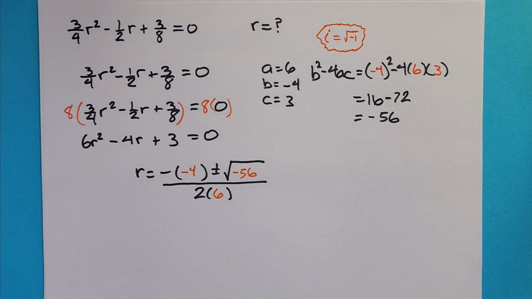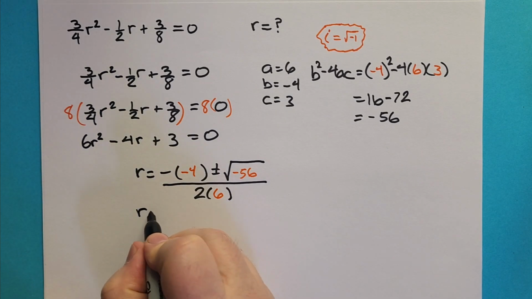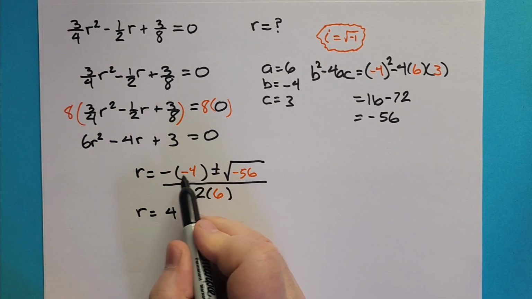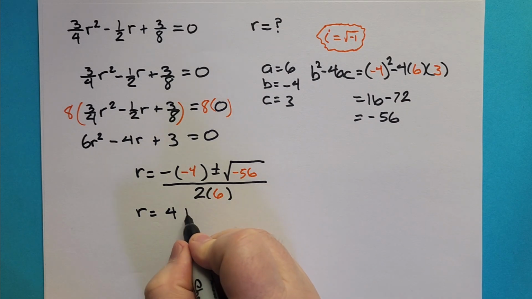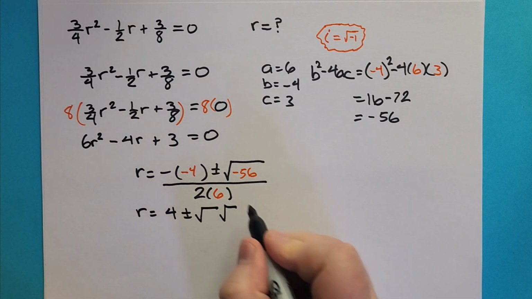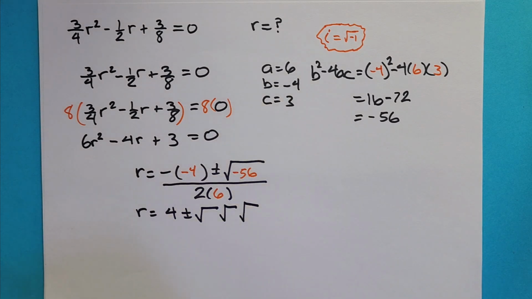All right, we'll simplify this a bit. We're going to have r equals a +4, because of the double negative there. A negative of a -4 is like a negative times a negative. Plus or minus, and then we're going to need to bring out some radical symbols here. So I'm going to factor out the -1, get the negativity out of the way. But then there is a perfect square that divides 56.